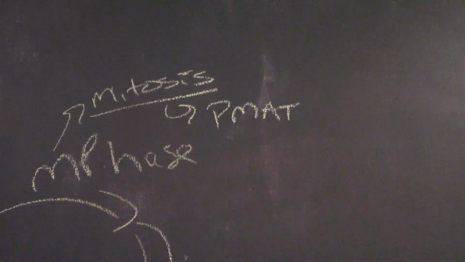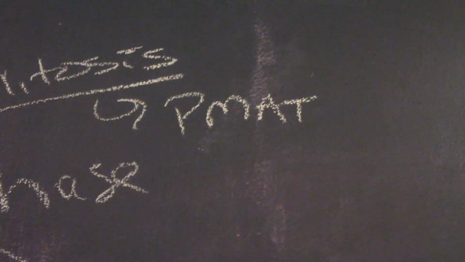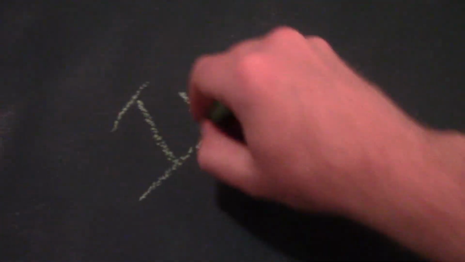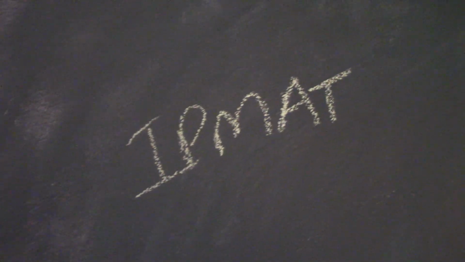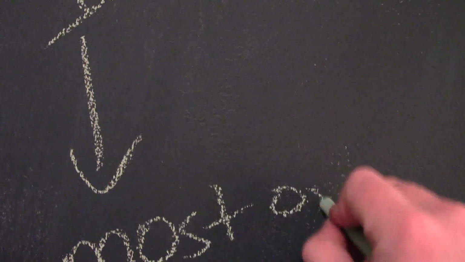And the actual division of the cells, when they're ready to divide, happens in the M phase. And then you have prophase, metaphase, anaphase, and telophase. So when we look at the cell cycle, we use this acronym IPMAT: interphase, prophase, metaphase, anaphase, and telophase. But the cell actually spends most of its time in interphase.